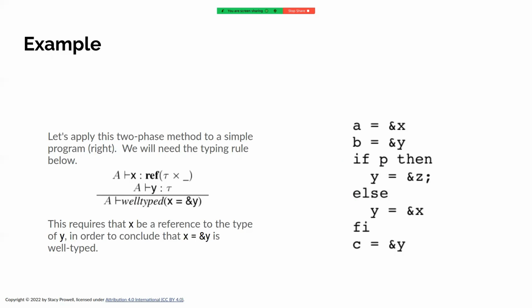Union find data structure. We're going to store stuff in a fancy kind of array. So we're going to apply the 2-phase method we talked about to the program over here on the right. There it is. Not a super complicated program. In fact, this one we've already looked at. And we'll need a typing rule. And the typing rule that we'll need is one that addresses these kinds of statements.